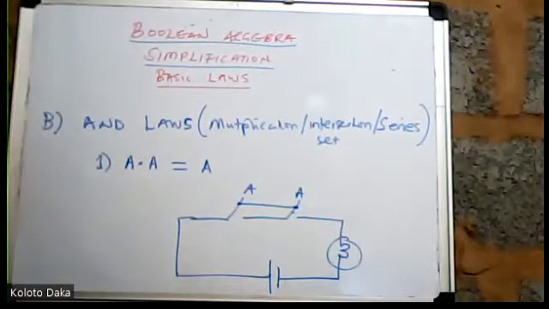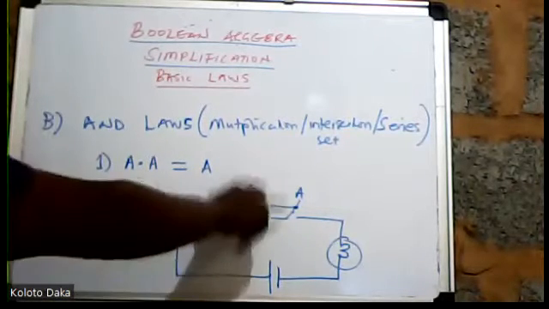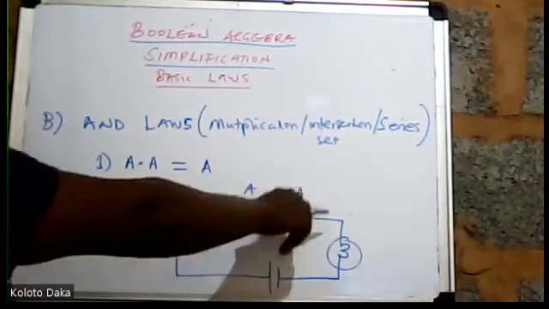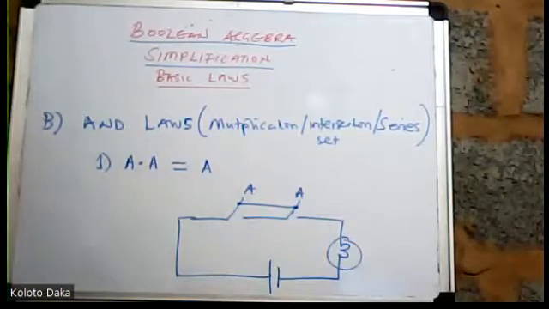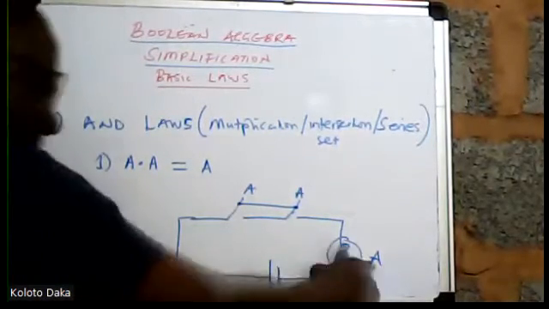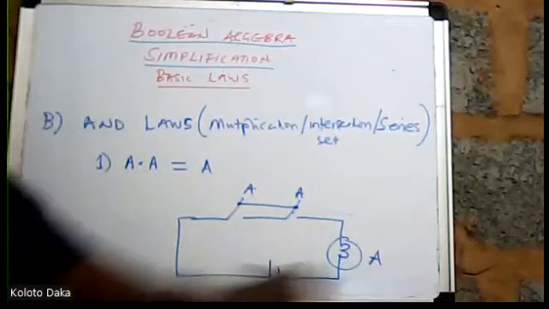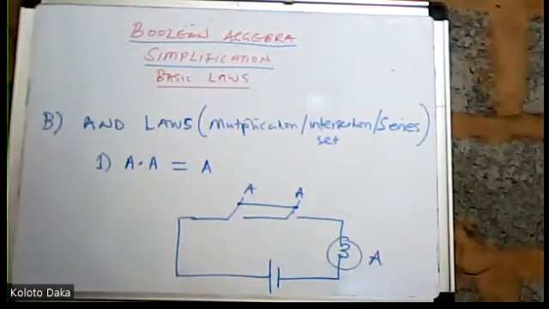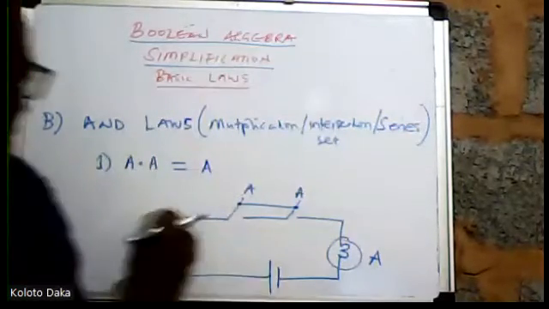Whenever you close A, the first one, the second one is also closed. So the result will be equal to A, meaning that when these are closed, the answer is closed. When they are open, the answer is open. We proceed.